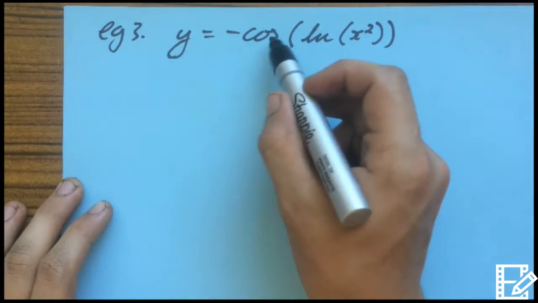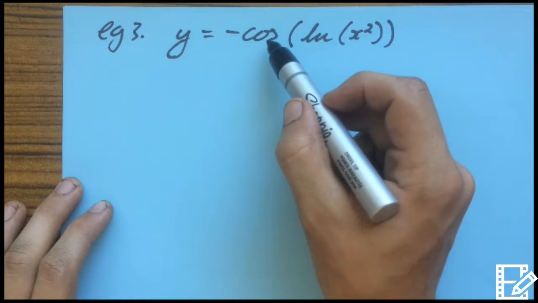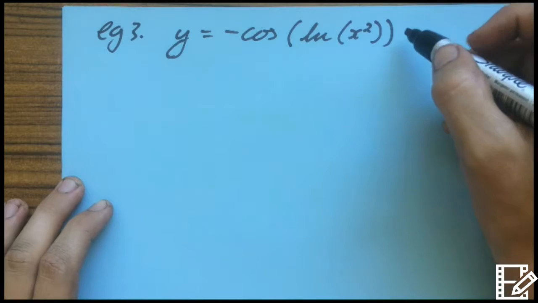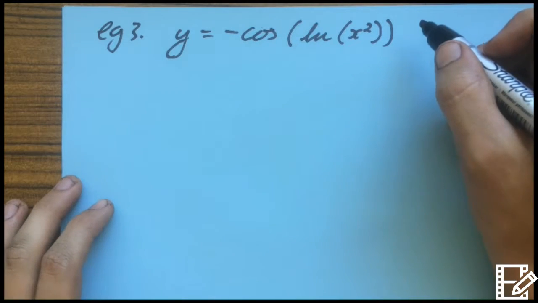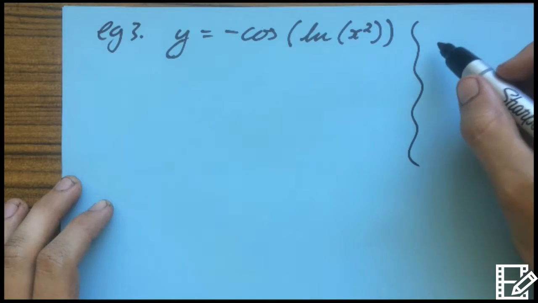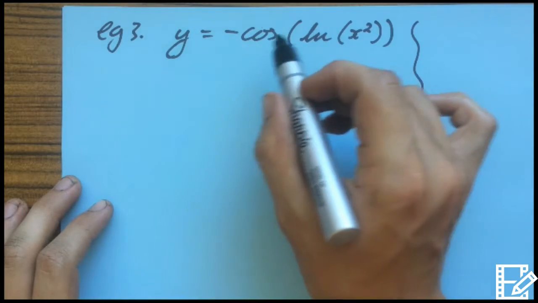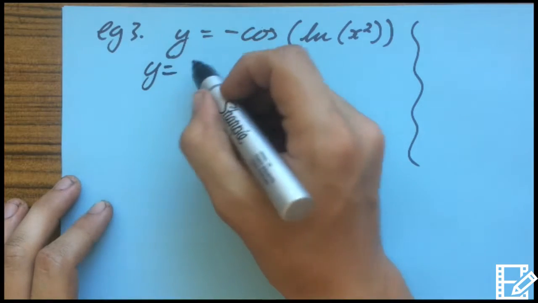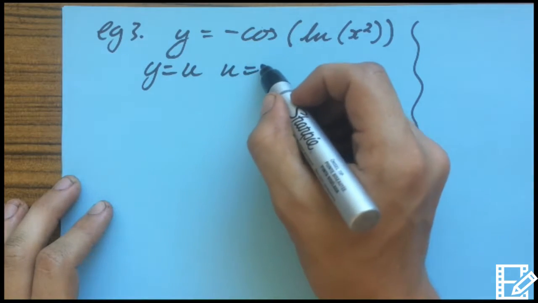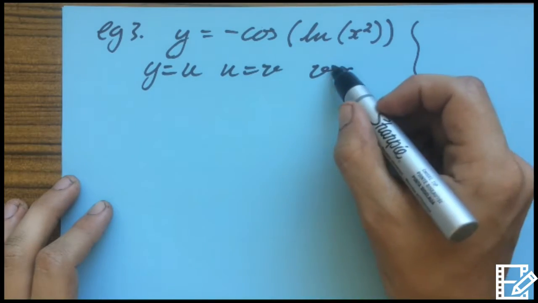I'll take you through how to do the derivative of negative cosine, but if you don't know how to do trigonometric derivatives, I would suggest watching the videos I've done on trigonometric derivatives. So because we have a function within a function within a function, we'll be using y equals u, u equals v, and v equals x.